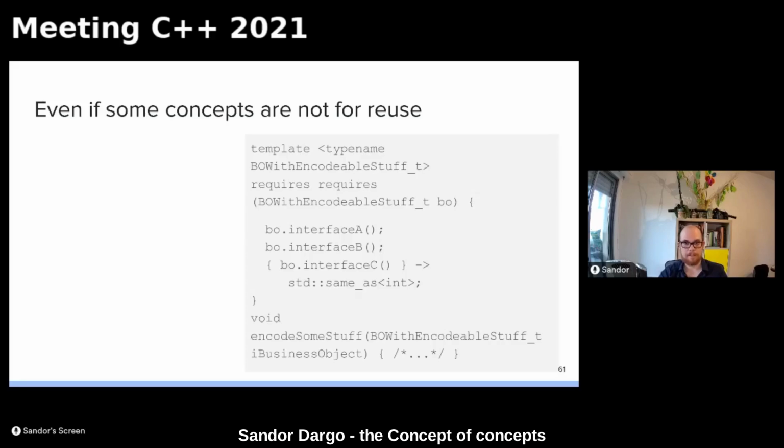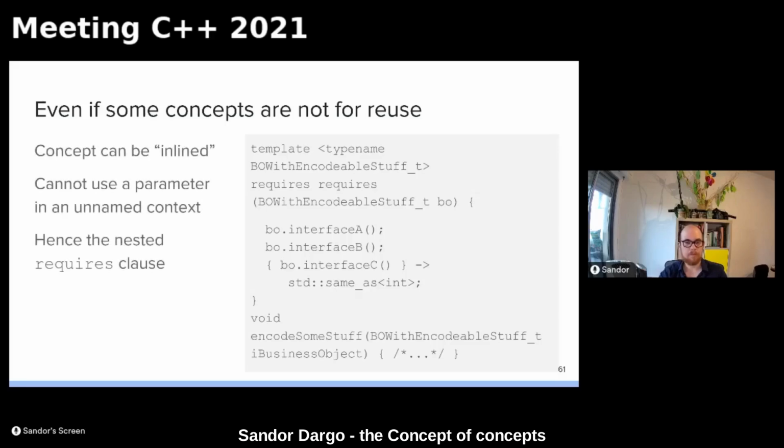As Andreas Fertig said yesterday in his presentation, it's often a code smell, but sometimes it might make sense because it just means that you don't want to use a named concept, and you have to repeat the requires for that, because you cannot use the parameter in an unnamed context otherwise.